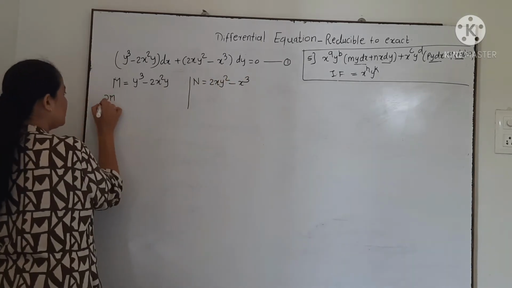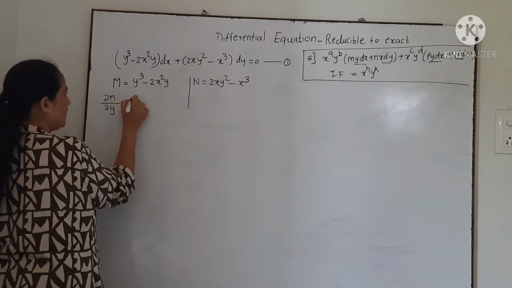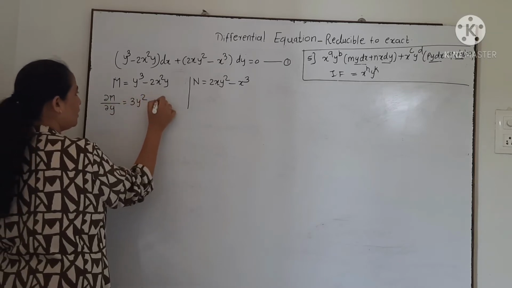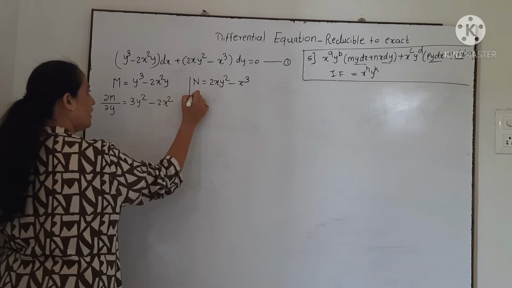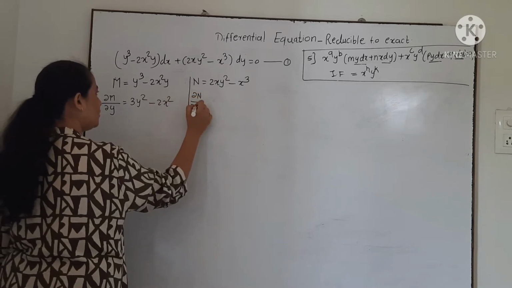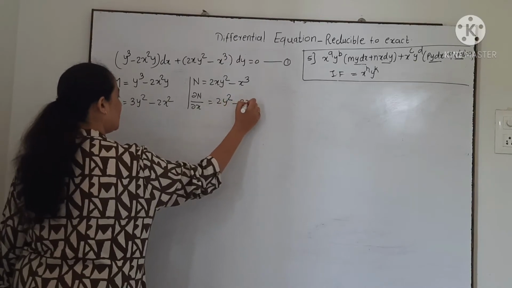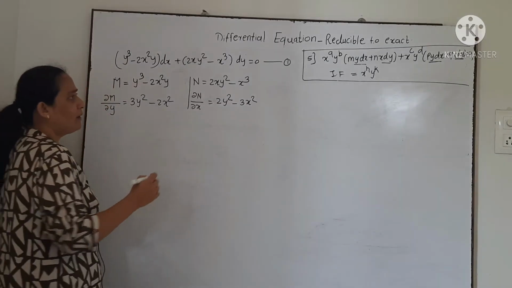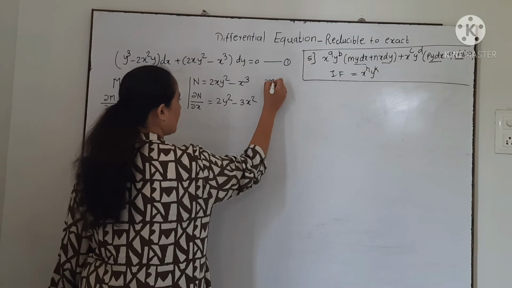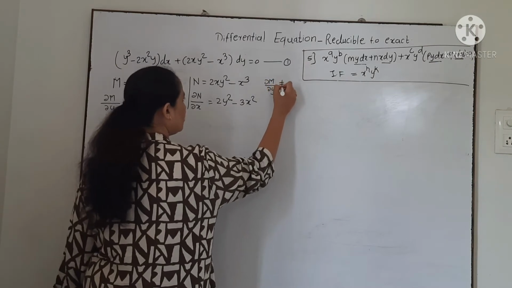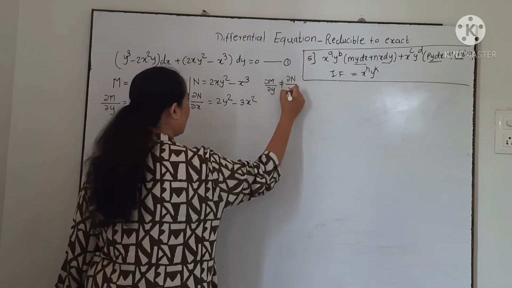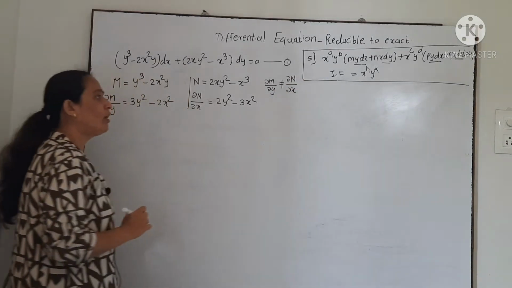Derivative of m with respect to y is 3y square minus 2x square. Derivative of n with respect to x is 2y square minus 3x square. If you observe this, del m by del y is not equal to del n by del x. That means the equation is not exact.